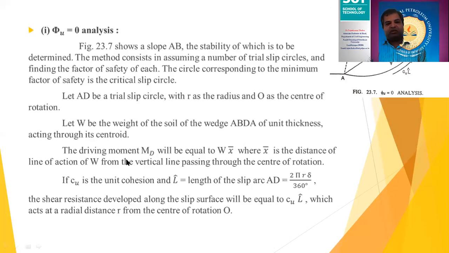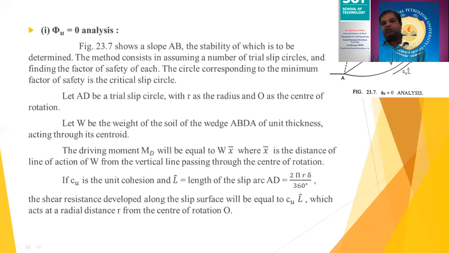Now, if you find out the driving moment MD, which is the moment that drives the soil towards failure, this is with respect to the location of the center of the trial slip circle, which is O. So I am finding the moment with respect to center O, which is the driving moment, equal to W into x bar.